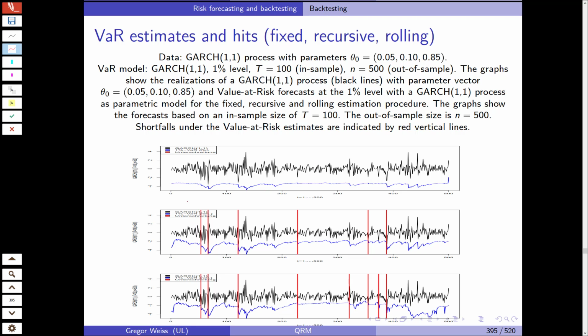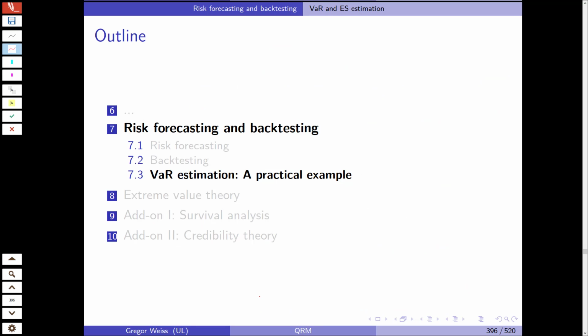You can see the 1% VaR model here with a fixed estimation window, with a recursive one, with a rolling estimation window, and you can see those different VaR estimates here, and in red, with these red lines, you see the VaR exceedances. One would consider, actually this model is way too conservative, not surprising, but here you would see, well, at least the VaR exceedances seem to happen randomly over time. And then you have to check the validity, the quality of this VaR model.